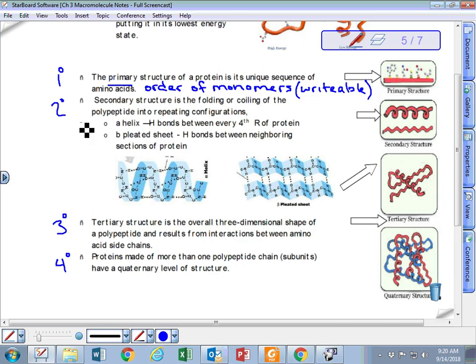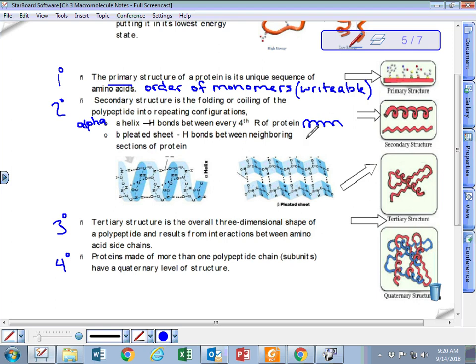It's called an alpha helix when you say it out loud. It's this little corkscrew shape. That corkscrew shape helps hold the protein in its shape. It stabilizes it.